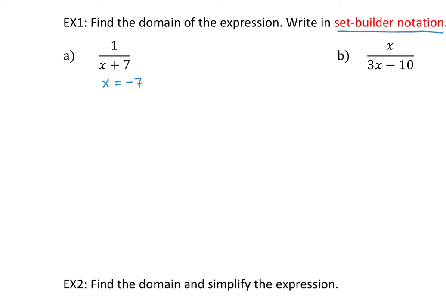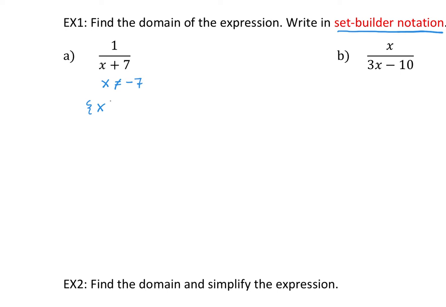So I can't use -7. To write this in set builder notation, you would first use your set braces because it is a set. And then you have to state what variable you're talking about. Oftentimes we'll have more than one variable, so we have to be specific. We're talking about our x's.